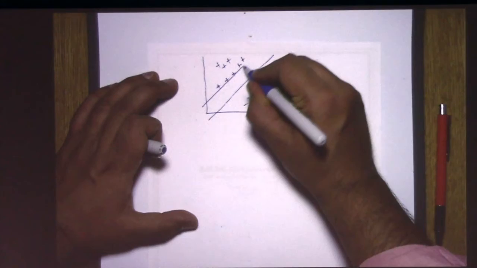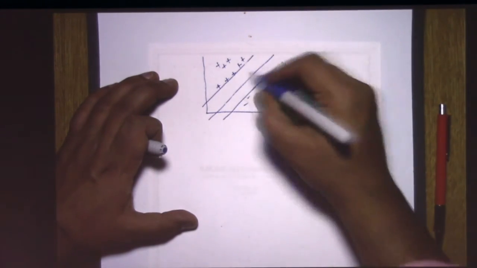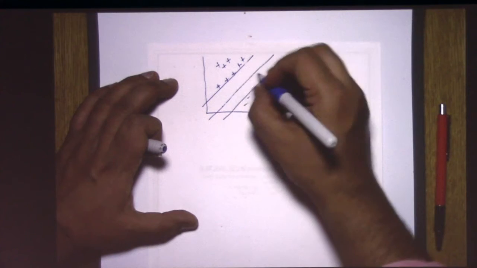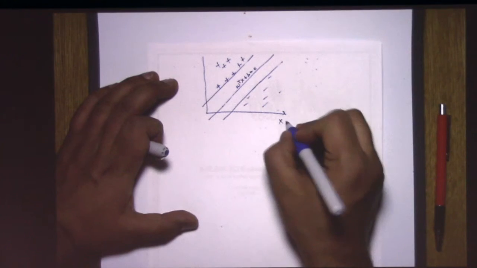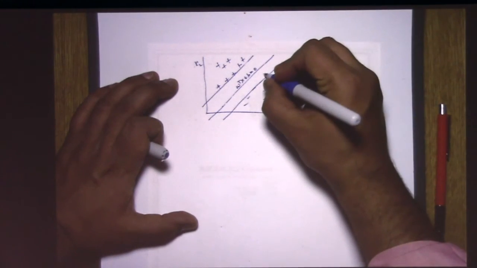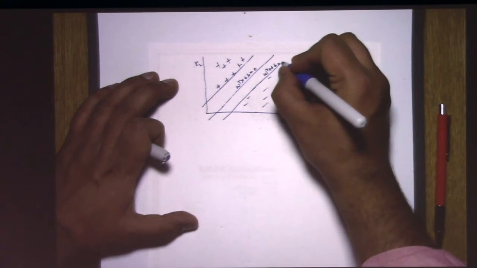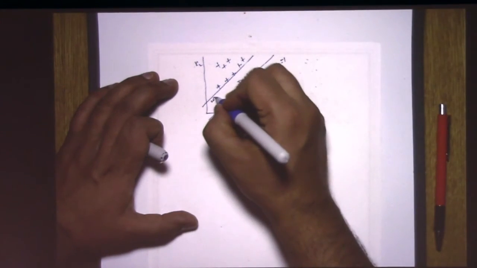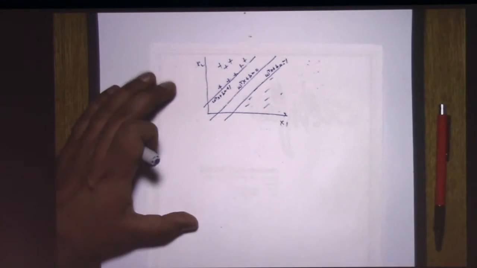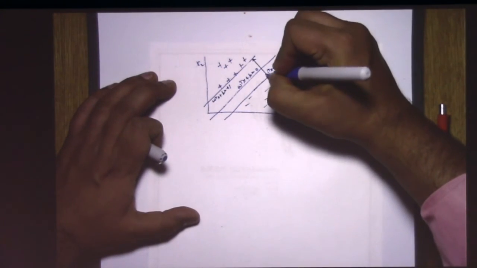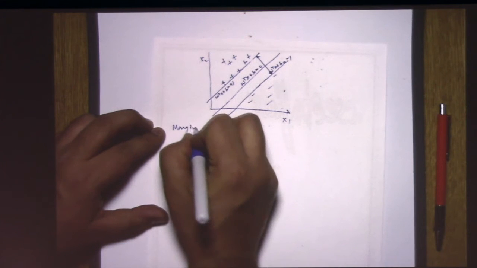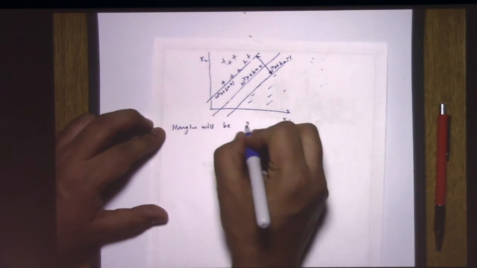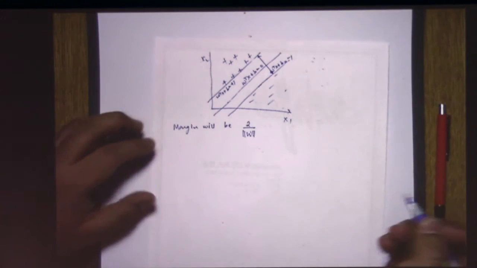That means the margin lines are these, at equal distance, of course. As we said, the equation of this line is w transpose x plus b equal to 0, where x is a vector, and the margin lines are w transpose x plus b equal to minus 1 and w transpose x plus b equal to plus 1. This is the total margin that we want to maximize. What I'm saying is that the margin will be 2 over the magnitude of w. How will that be?